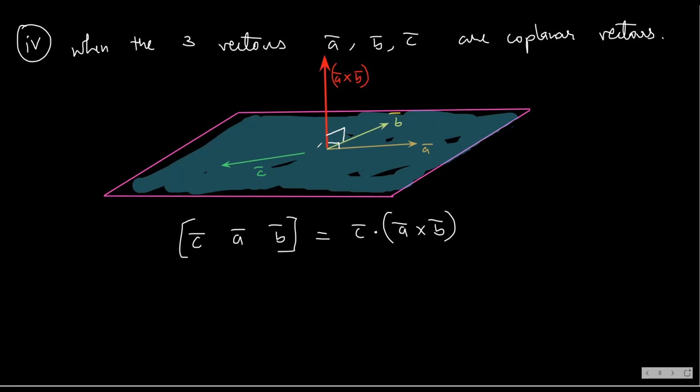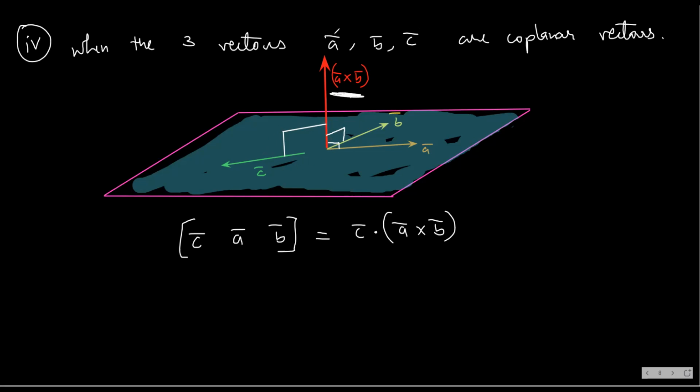And if it is perpendicular to the plane, remember a bar cross b bar is also perpendicular to c bar. Remember, students, it is also perpendicular to c bar. The direction of a bar cross b bar and the direction of c bar are perpendicular to each other.